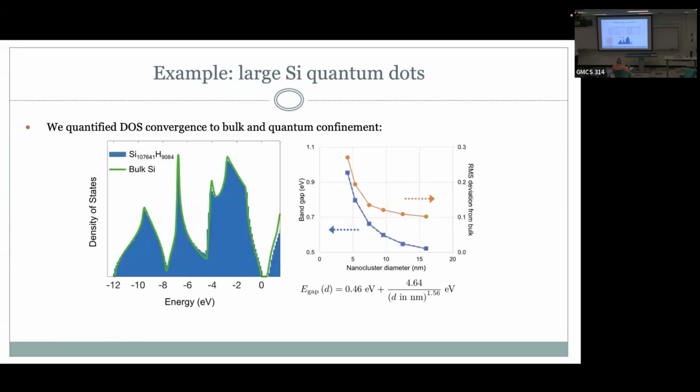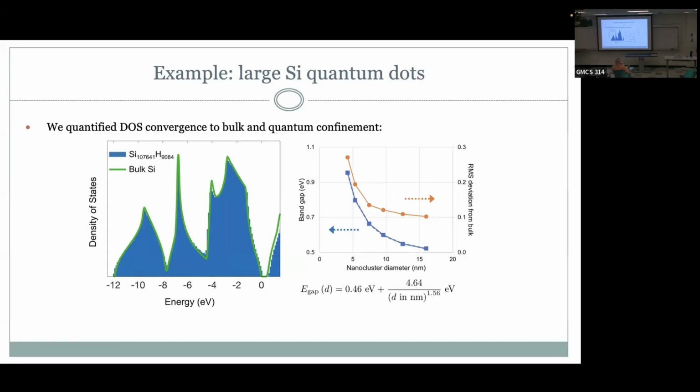Yeah, but let me show you the next plot. Maybe that'll be helpful. So, for example, the band gap, which is the difference between filled and unfilled energies, goes down as a function of the diameter of the nanocluster. And we fit this curve to this equation. As you increase the diameter, it should approach the 0.46 eV value.